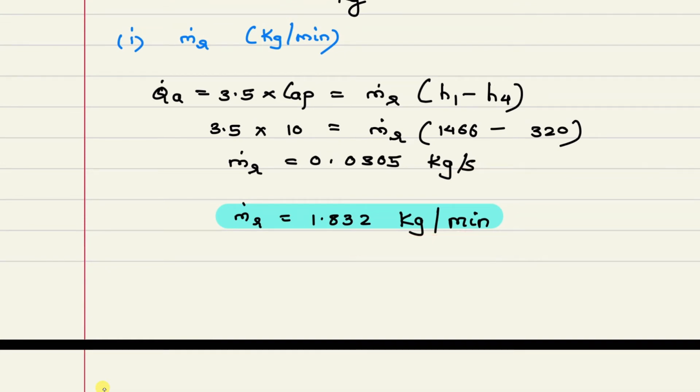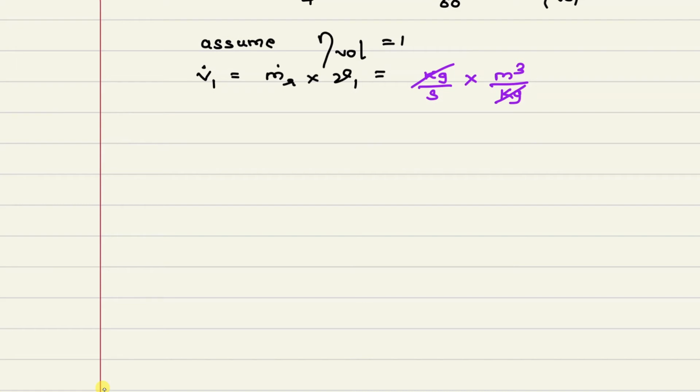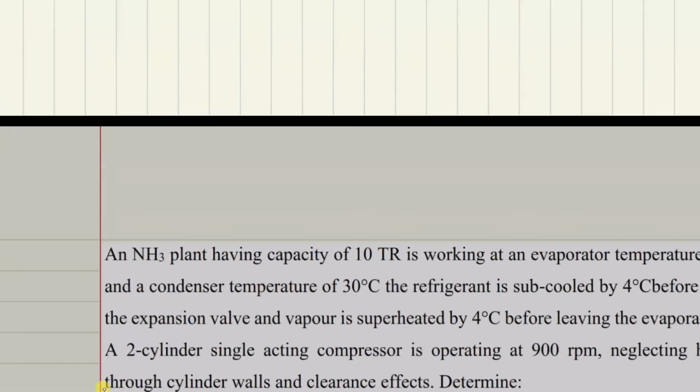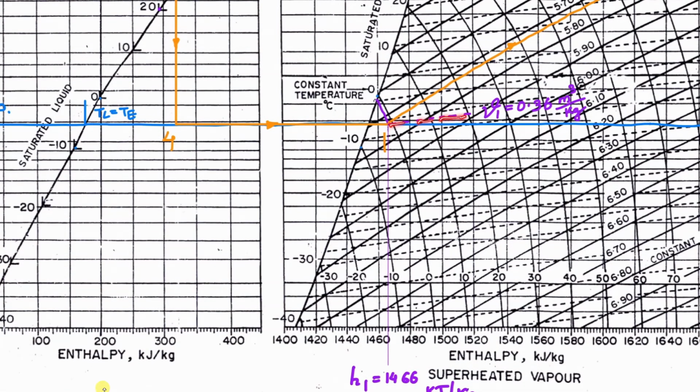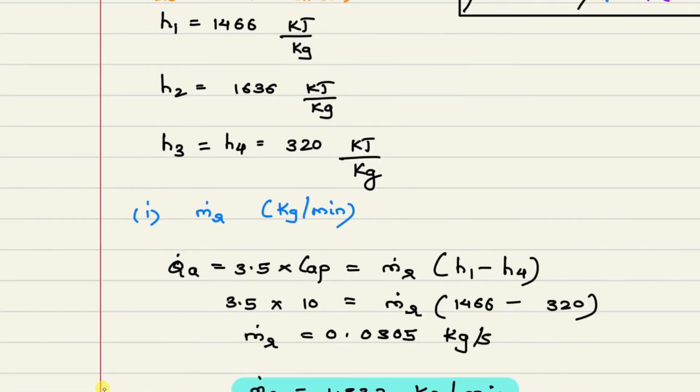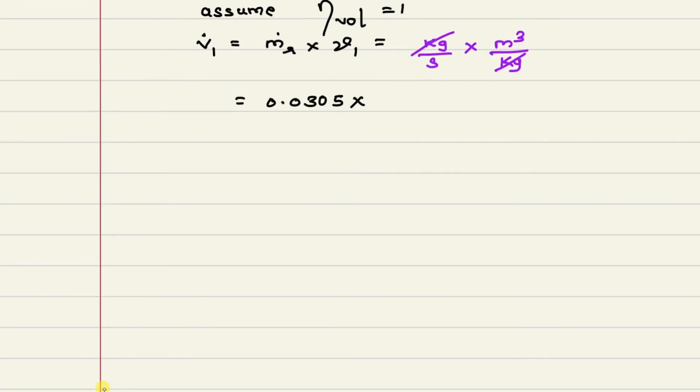So I'll substitute the value. Mass flow rate is equal to 0.0305 multiplied by specific volume of 0.1. This we have read on pH chart that specific volume is 0.36 meter cube per kg. So I'll write down the value 0.36.